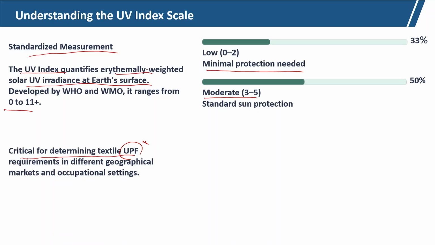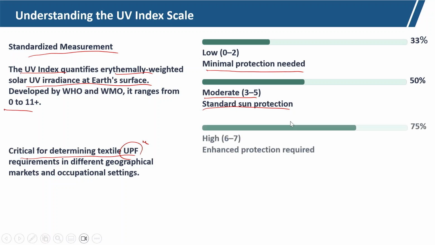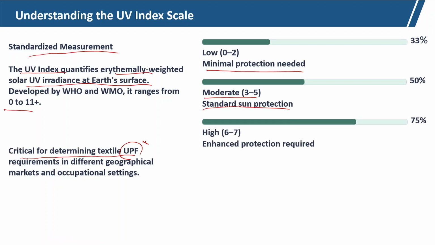So, standard sun protection will help, and very high, that is chances of our body getting affected is 75%. That is, enhanced protection is required. So, at low level, typically 33% chances of the body getting affected, minimum protection is needed.